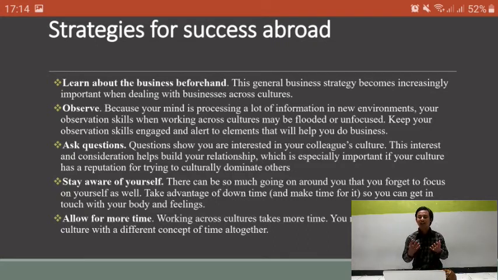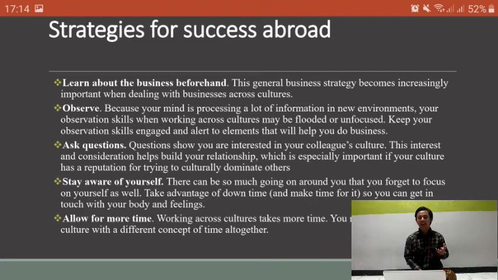First, there is learn about the business beforehand. This general business strategy becomes increasingly important when dealing with business across cultures. Next is observe. Because your mind is processing a lot of information in a new environment, your observation skills when working across cultures may be flawed or unfocused.